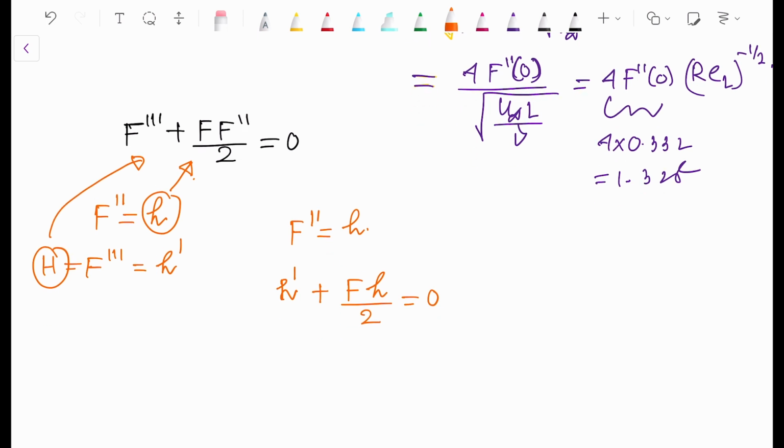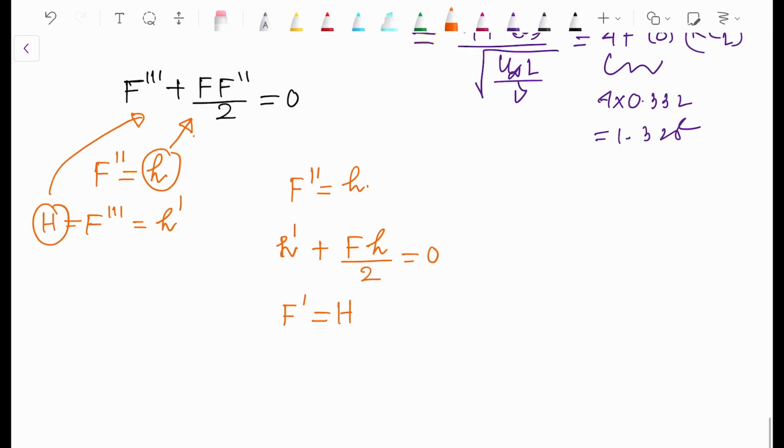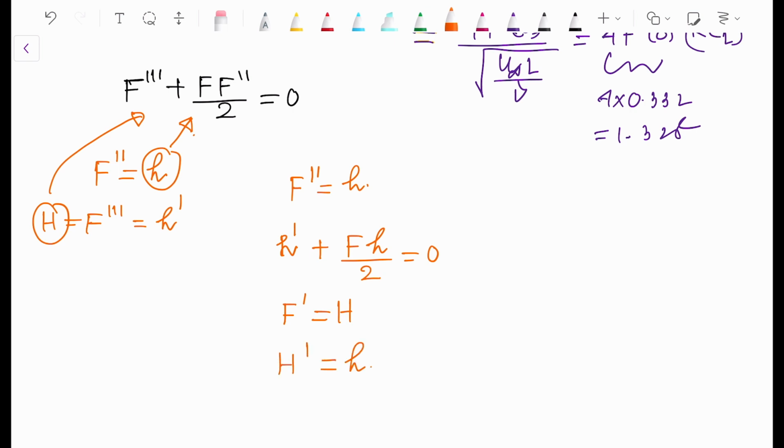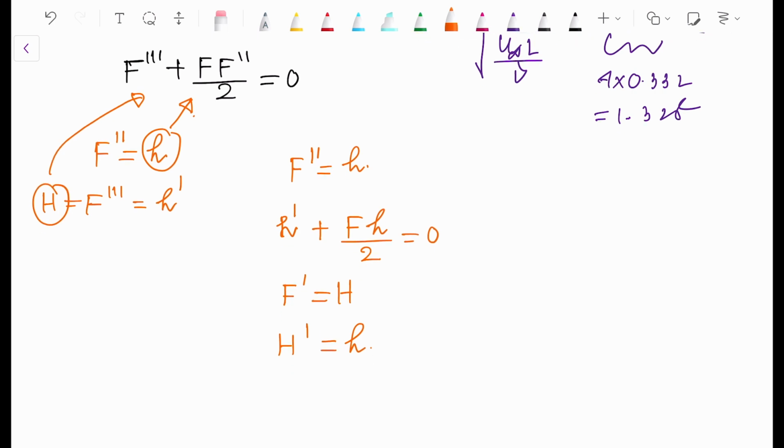Then I am having one equation as f dash equal to small h, and another equation h dash equal to capital H. So just see that I am now getting 3 first order equations coupled with each other.